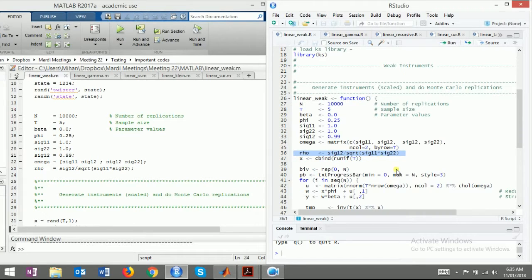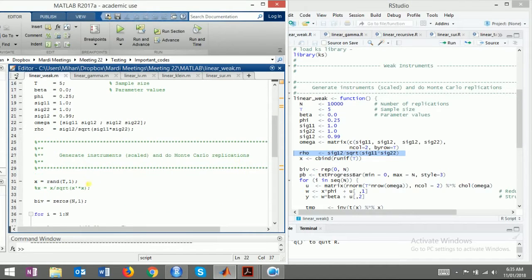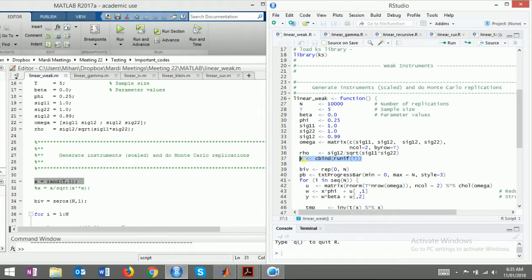Then X is a random number generated. We're doing Monte Carlo replications now for T observations in one column, using column bind, not row bind, with runif from 1 up to T.